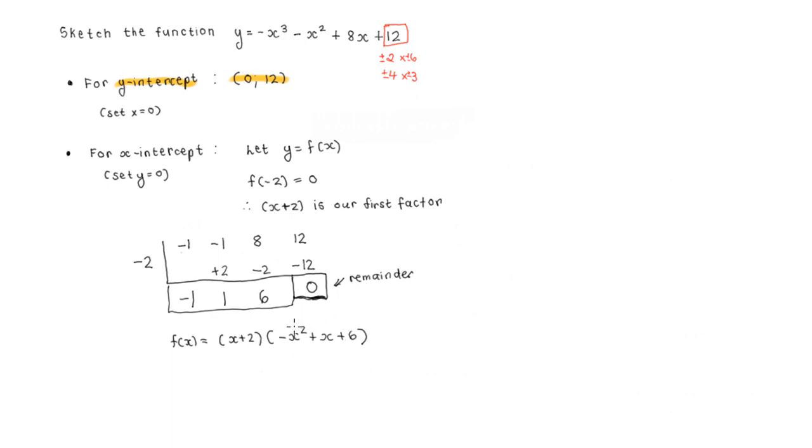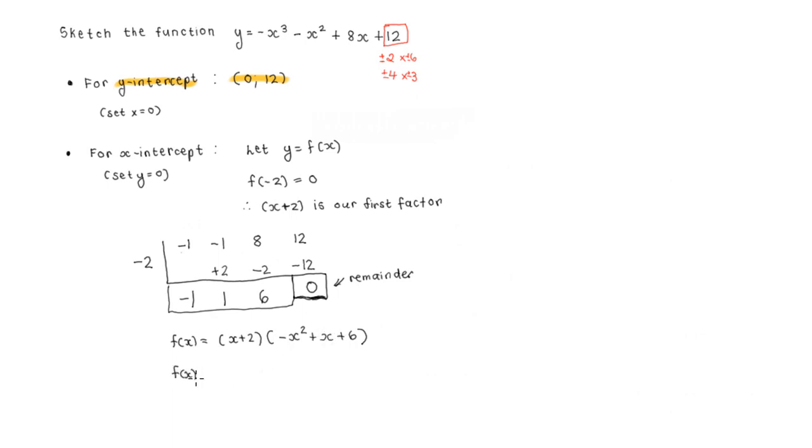Now you are tasked with factorizing this quadratic factor. When you look at 6, you can work with 2 and 3. You can have 3 and lose 2, and you'll still have 1.